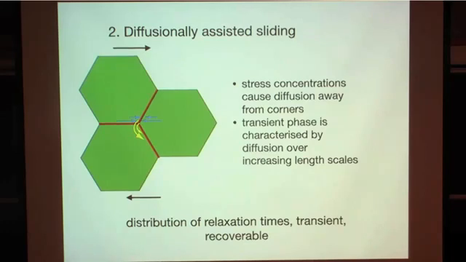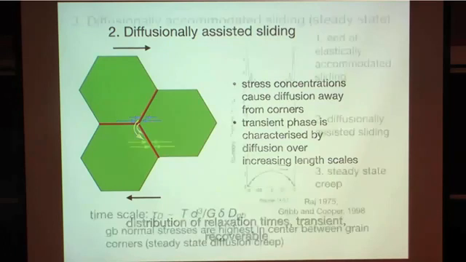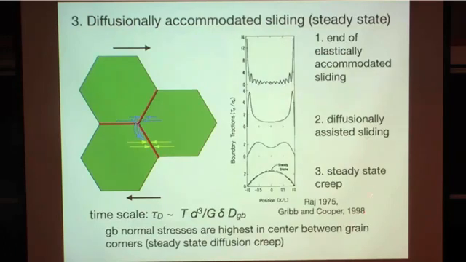So the stresses that we impose here are redistributed just as we saw for diffusion creep. It's very much the same idea, except that this is the scale of the grain corners. And this, again, goes back quite some time. So this mechanism was proposed in the 70s. This is the stress concentration right after the application of the external stress. This is the stress concentration at steady state.